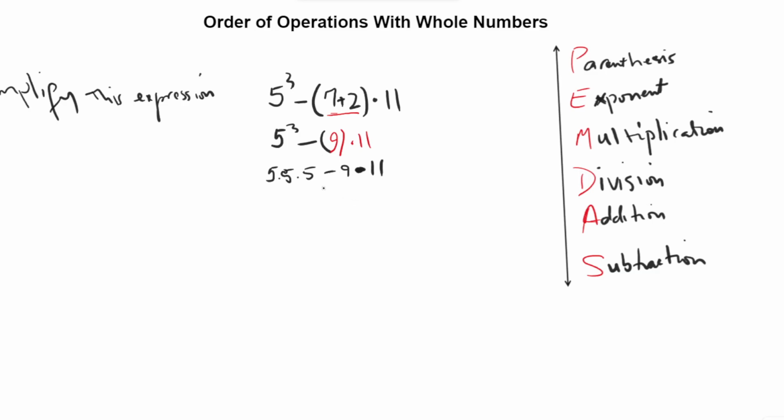This is multiplication. We get 5 taken 3 times as a factor. 5 times 5 is 25, 25 times 5 is 125.